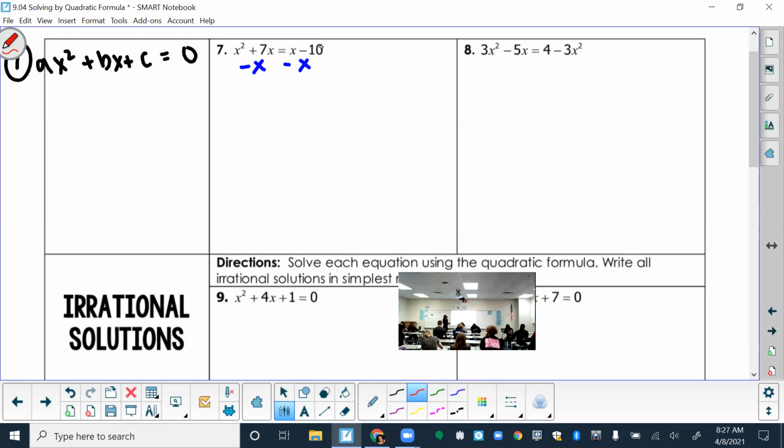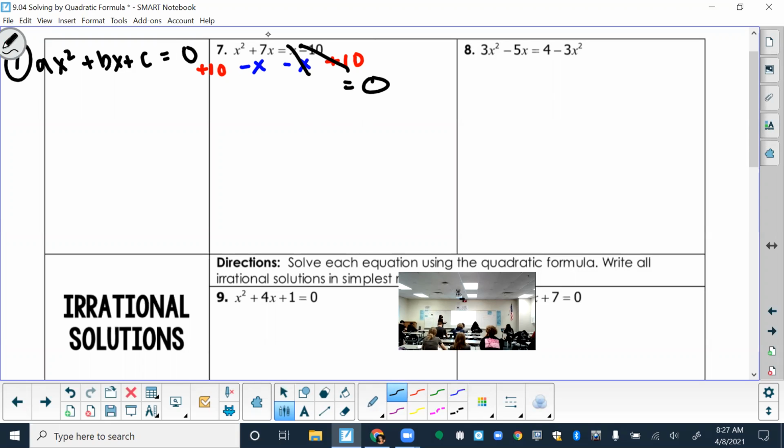What else do I have to move? So negative 10. And since it's negative, how can I make that cancel out over here? You would add 10. So whether you add or subtract completely depends on how you make it cancel out. So on the right side of our equal sign, these canceled out. So we just have 0, which is good. That's what we're supposed to have.